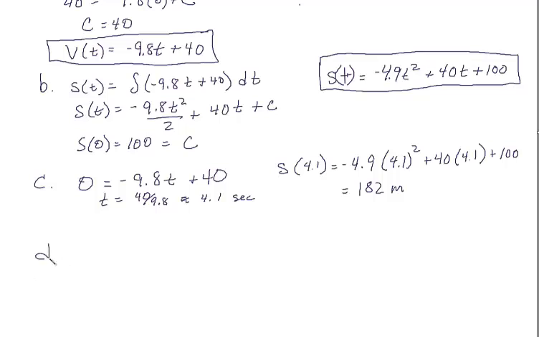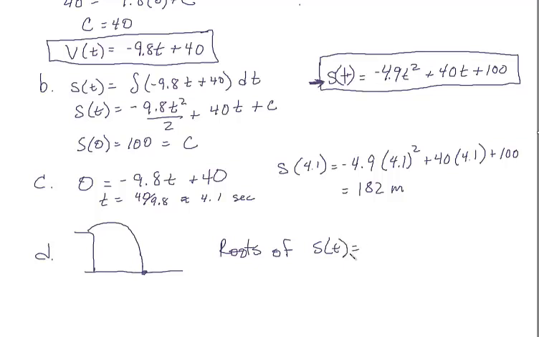The next thing they want to know is how fast it strikes the river. So I have my height at all times, and I've got this cliff and it goes like this and then hits the river. I need to know what time it hits the river, so that I can plug that into my velocity. This means that I need this height to be 0, meaning that I need to find the roots of s of t.